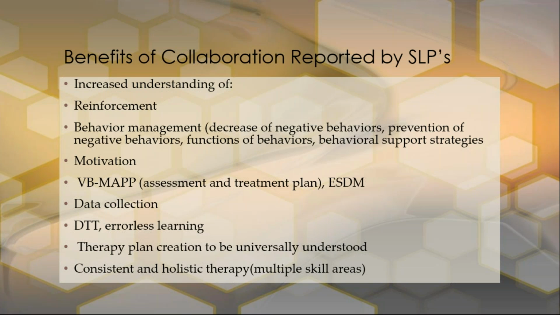They had better understanding of errorless learning and discrete trial training. And someone also reported that they had better understanding of creating a therapy plan that can be understood by everybody. And then also consistent and holistic therapy. And what they mean by that is that within ABA therapy, we work on multiple skill areas, not just one small skill area.